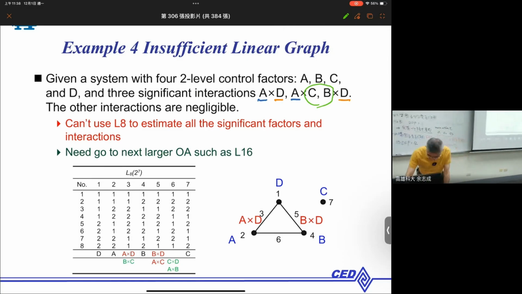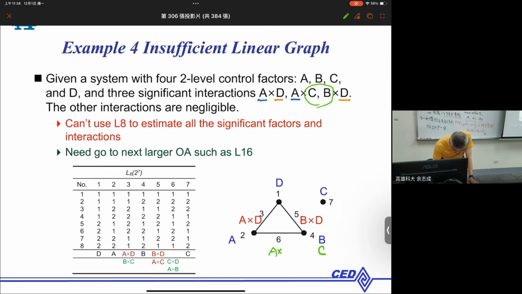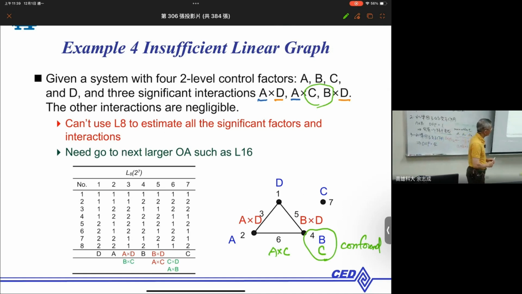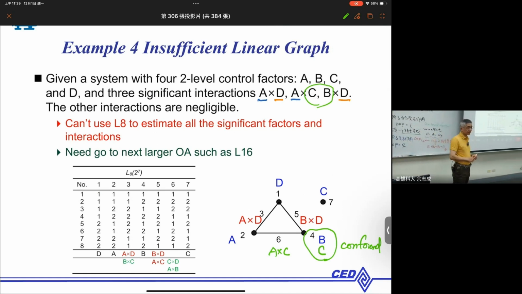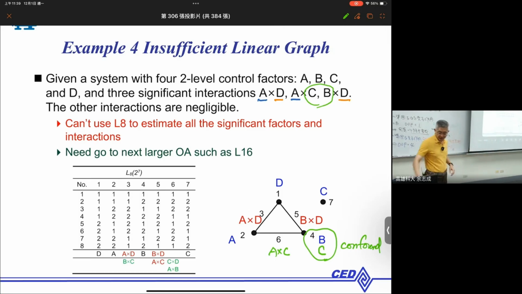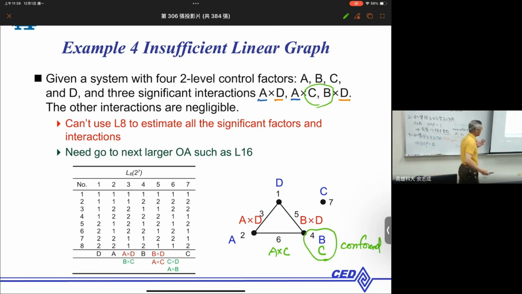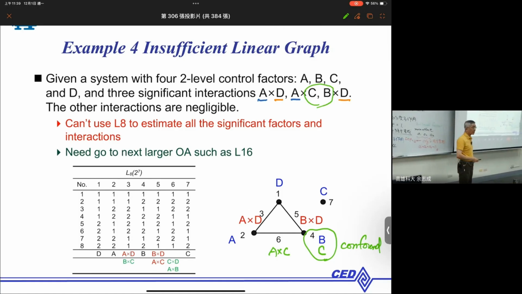If you assign C here, it appears AC is good, cool. However, these two will confound, and we cannot confound many factors. So no good. And you will find out that no matter how you try, you will not be able to assign these 3 interactions simultaneously.